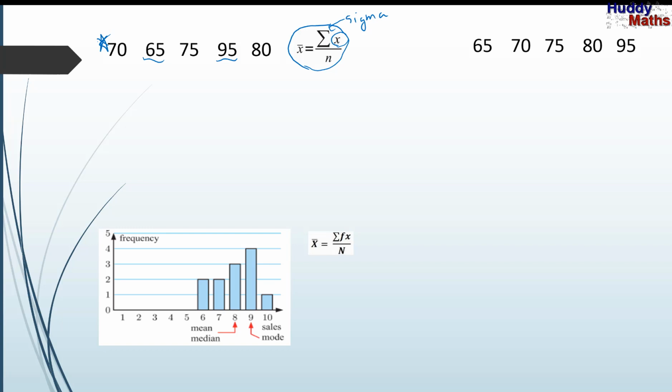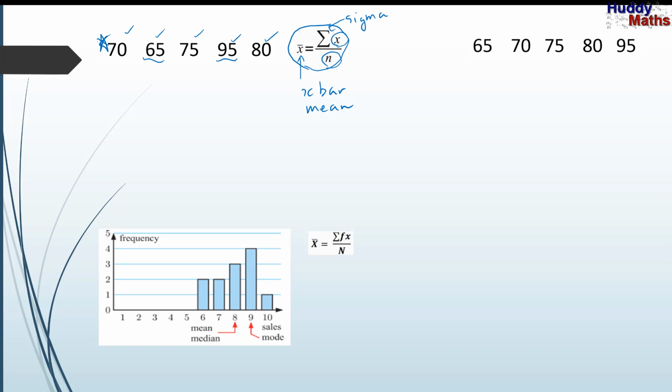X stands for the variable we're measuring, all the data points. So here 70, 65, 75, 95 and 80 are the x values. We're going to add them up and divide by how many there are. The symbol for the mean, the answer to that, is called x bar because it's got a little bar over the top. That's the symbol for the mean or the mathematical average of those scores.